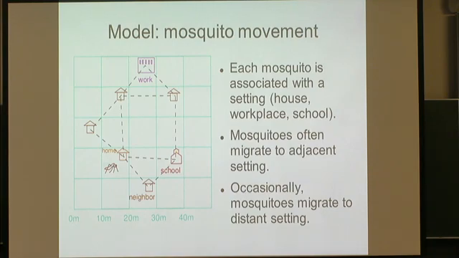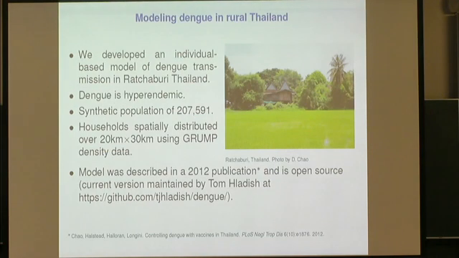Before they're infected, we just model them as densities. And they have local movement in these different settings where they can affect humans, mostly homes, households, and schools, workplaces, and occasionally an errant mosquito flies off a long distance. But this particular vector, Aedes aegypti, usually stays within 100 meters of where it was born.